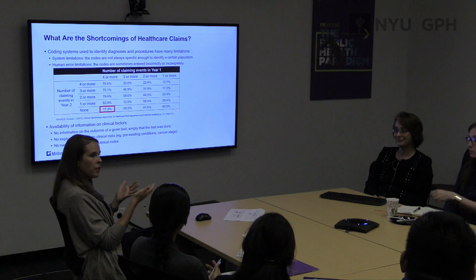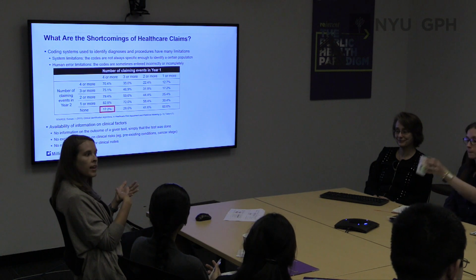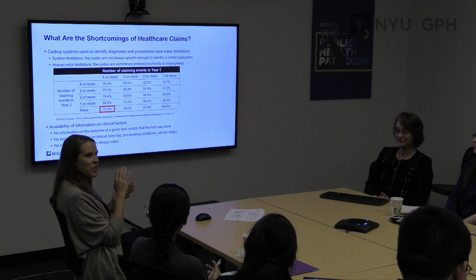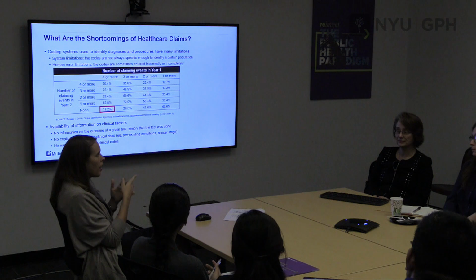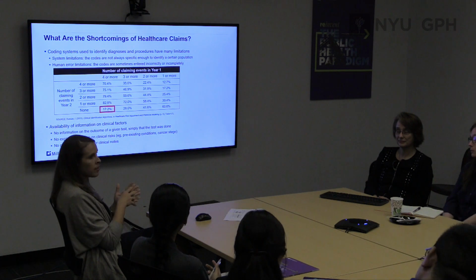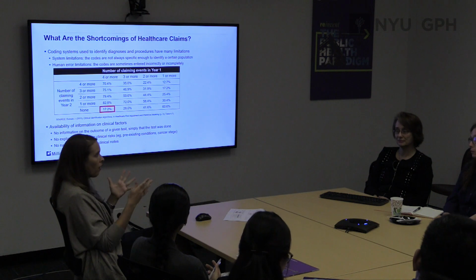It would be neat, right, if the prostate cancer diagnosis codes had some nuance to them that said, this is an early stage prostate cancer patient, this is a metastatic prostate cancer patient, or this is a mid-range, and there aren't, right? So there's only one diagnosis code for prostate cancer at all, right?